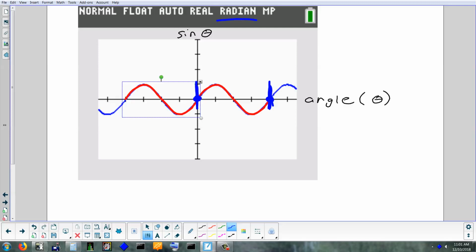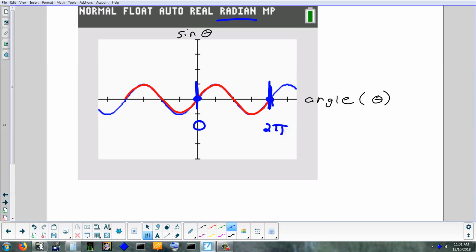If that's 0, this would be 2 pi. I'll write that in a sentence in a second, but you have to go 2 pi units before your graph will repeat itself. In other words, you have to go from 0 to 360.